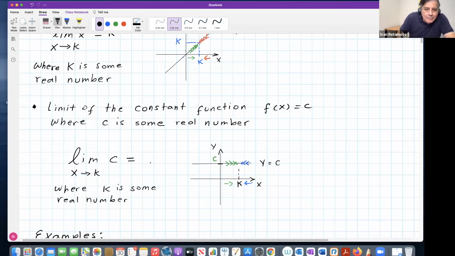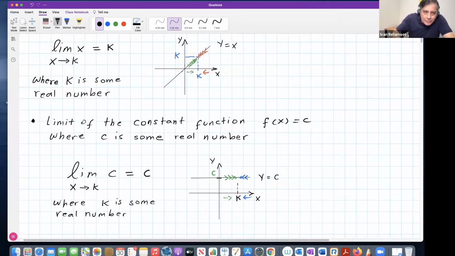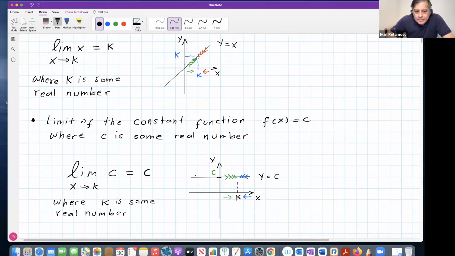It's itself. The constant function never changes, even when you take limits, it stays the same, c. For the identity function, you plug k into it and get k. Very good, guys. So these two results you should memorize. We're going to use them so much that if you know them by heart, it will be good.